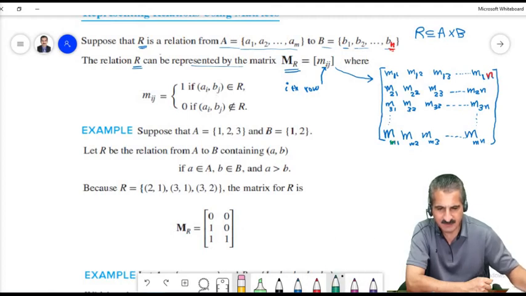And what is this m here? How did we decide that the number of rows is a small m here?